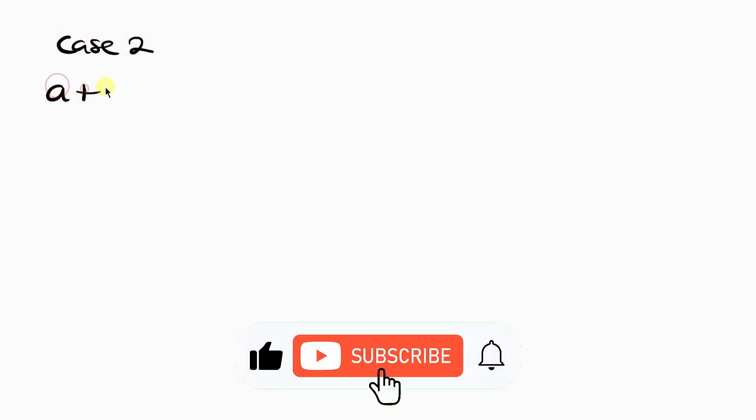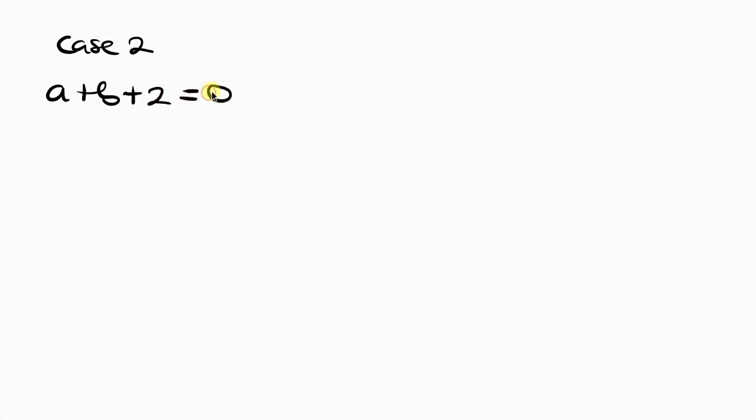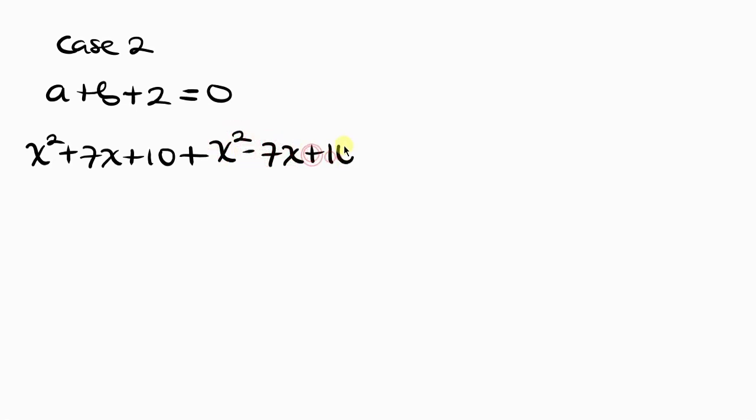Now for our case 2, let me write case 2. We have a plus b plus 2 to be equal to 0. Now we're going to be substituting for a and b here. Remember that a is actually x squared plus 7x plus 10, plus b is actually x squared minus 7x plus 10.